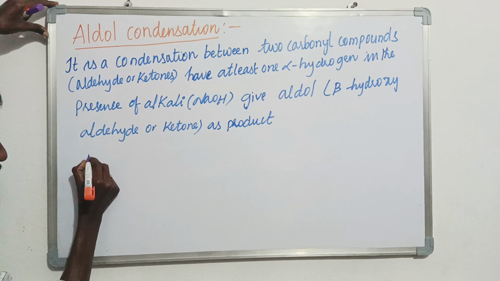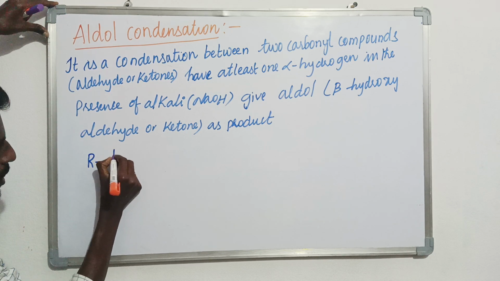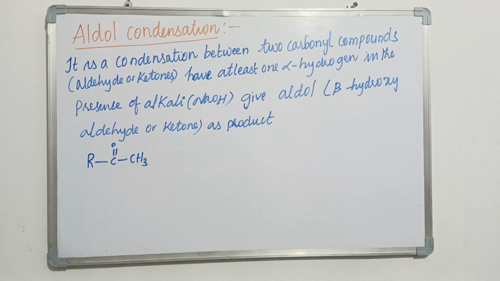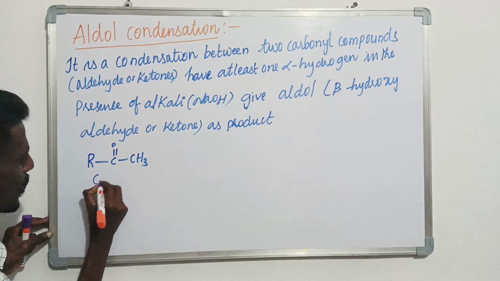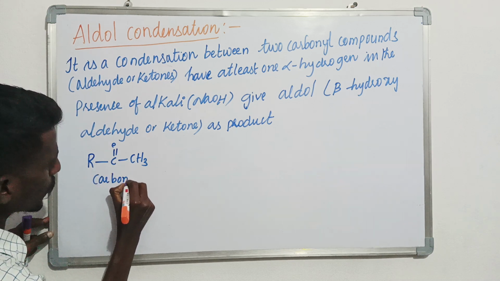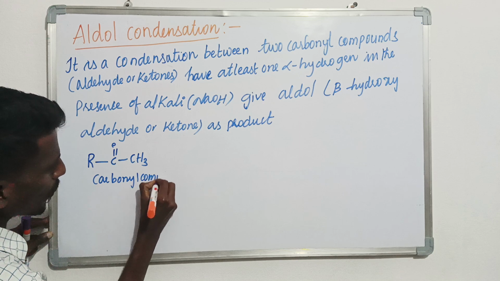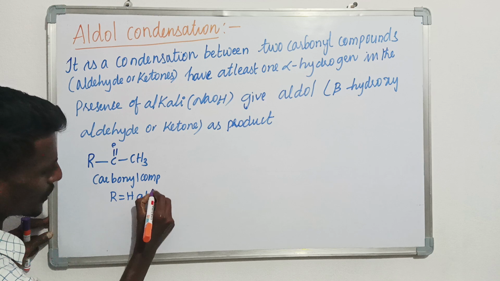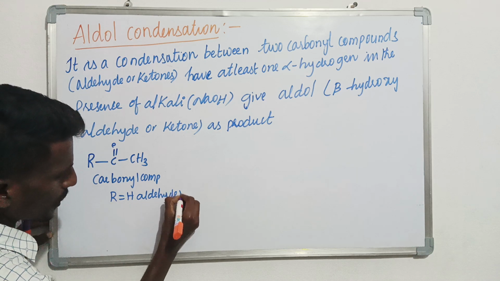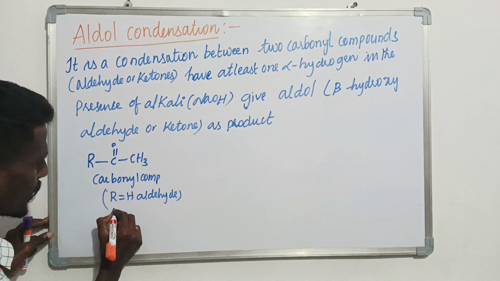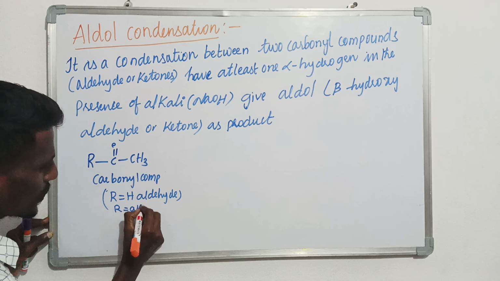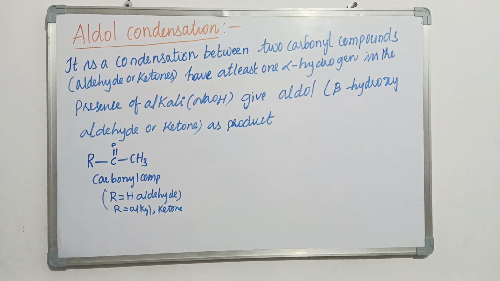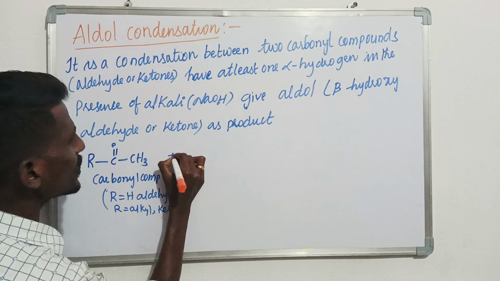For example, we'll see R C double bond O CH3. It is called a carbonyl compound. If R equals H, it is called an aldehyde, and if R equals an alkyl group, it is called a ketone, which are reacting with each other.